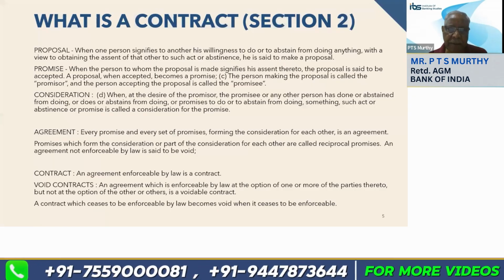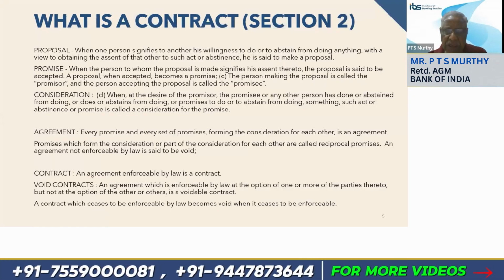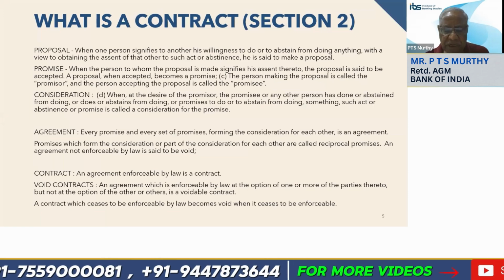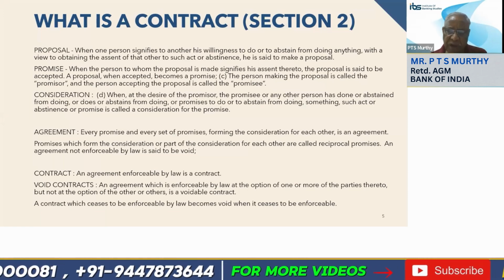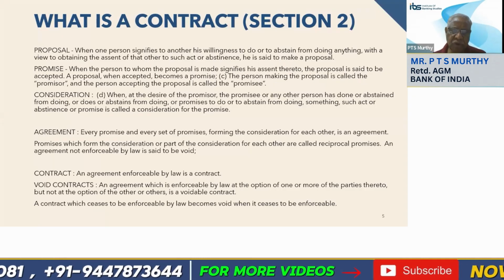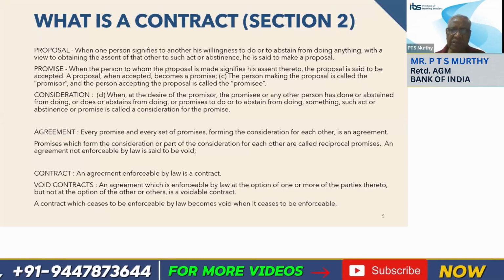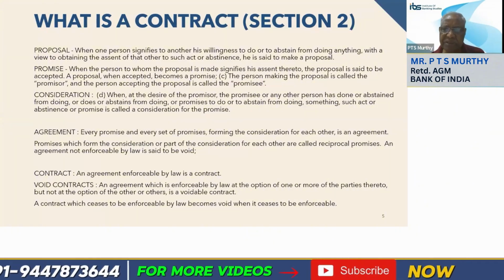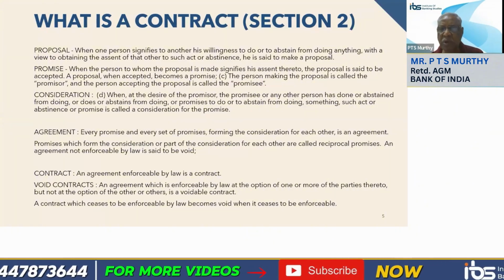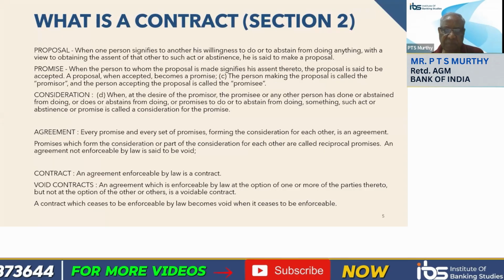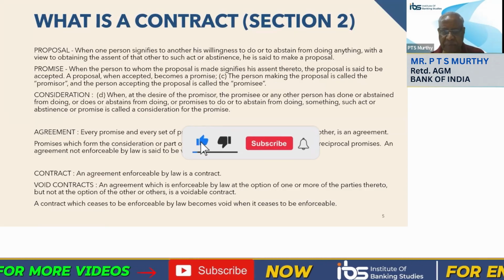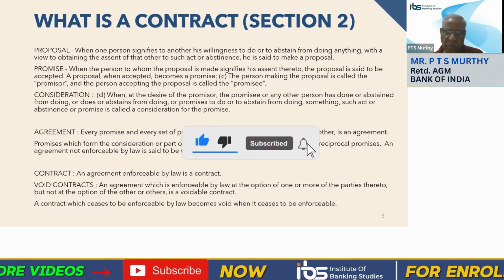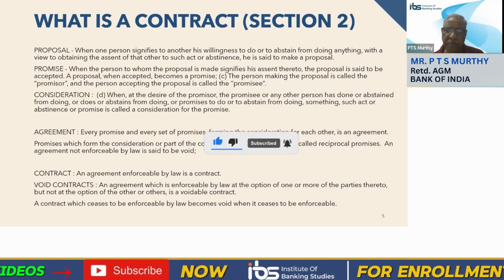Section 2 of the Indian Contract Act speaks about what a contract is. Before we define a contract, four things precede it: a proposal, a promise, a consideration, and an agreement.